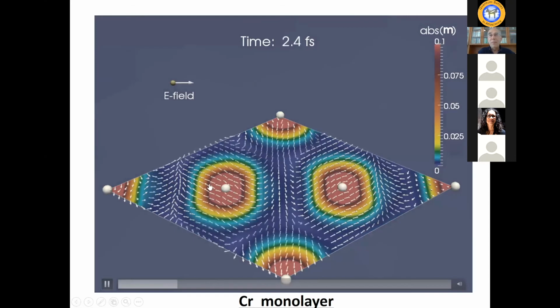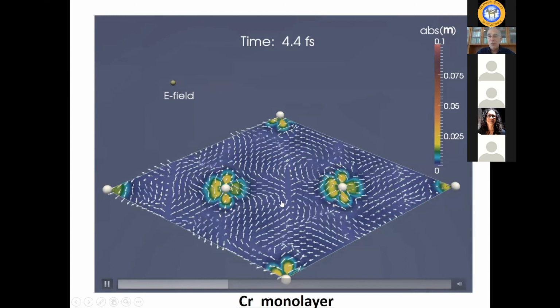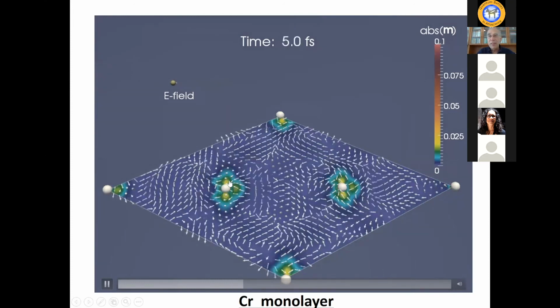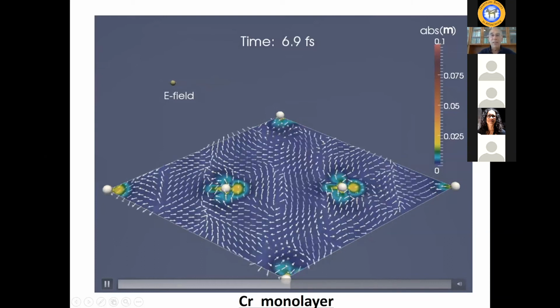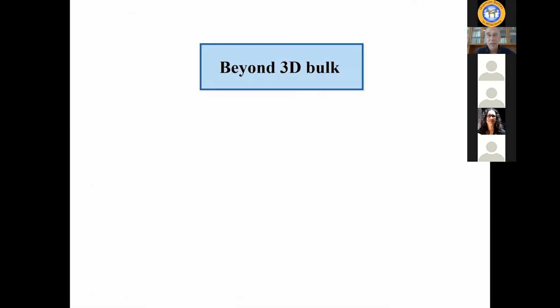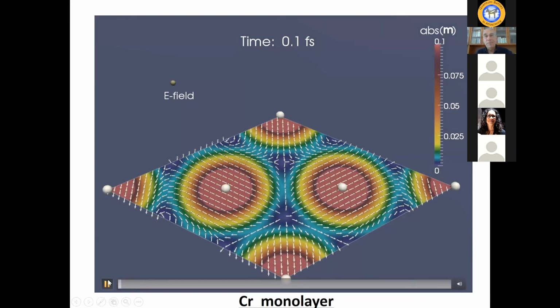And what you see here, apart from this wild commotion, is that you have a strong reduction of the magnetization near the nucleus. The initial picture was this: strong magnetization near the nuclei, and at the end, it was reduced strongly to a much lower value.